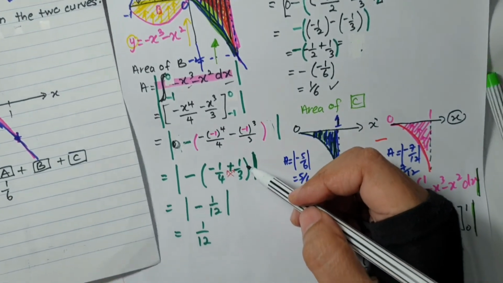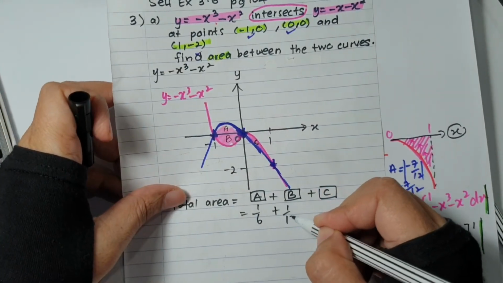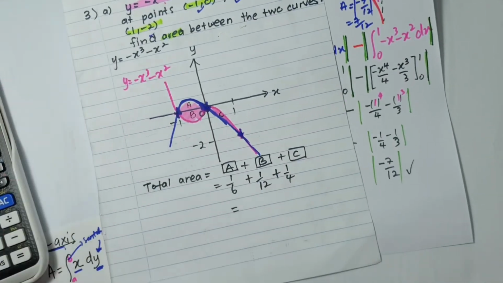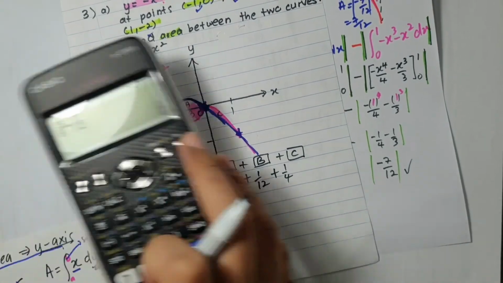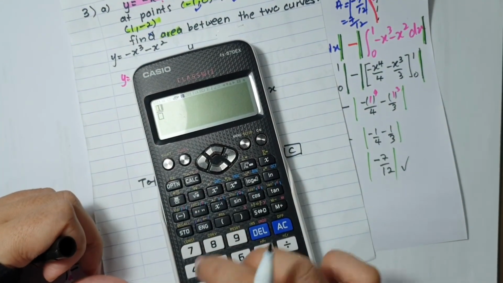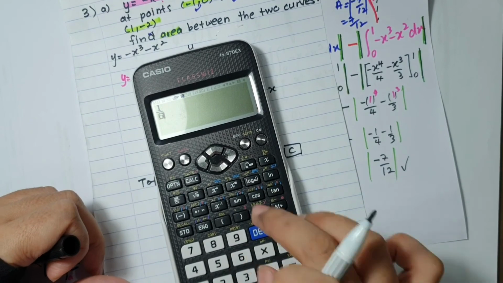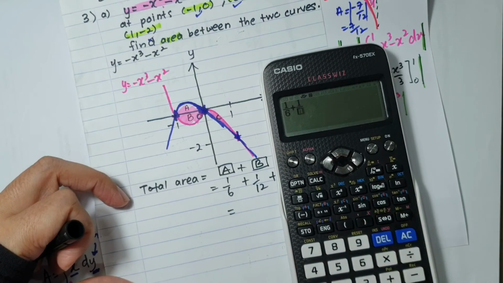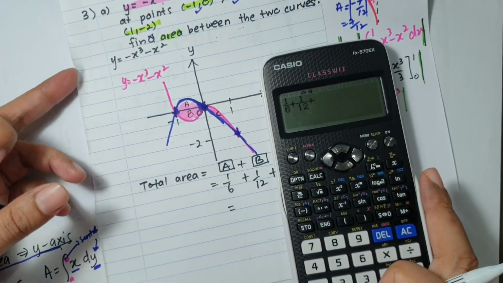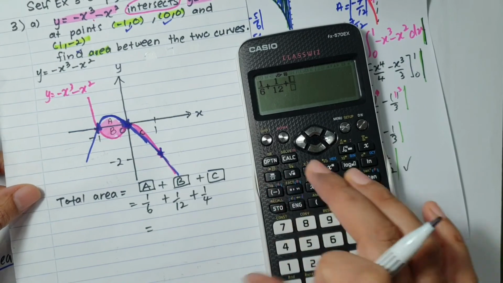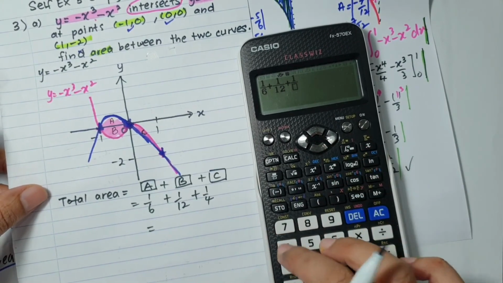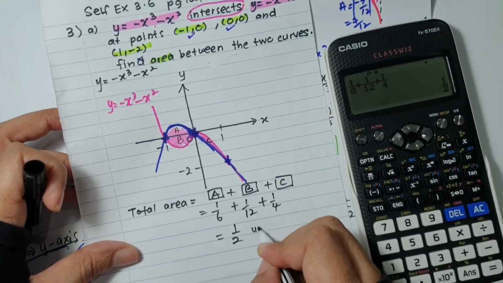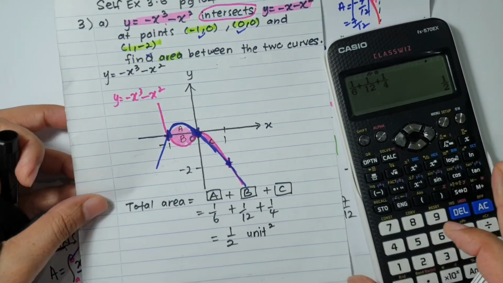B we get 1/12. And C 1/4. Okay, so total 1/6 plus 1/12 plus 1/4 equal sign 1/2. Unit dia square unit. Done.